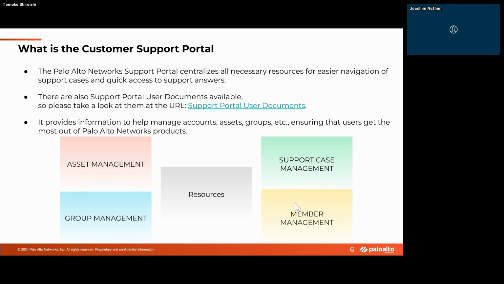So our CSP centralizes all necessary resources, making it easier to navigate support cases and quickly access support and answers. There are also support portal user documents available, and I'd like to show you how they look. Our knowledge base pages are accessible even to those who do not yet have a CSP user account. Okay, let me show you.